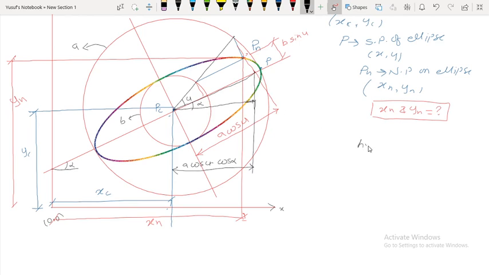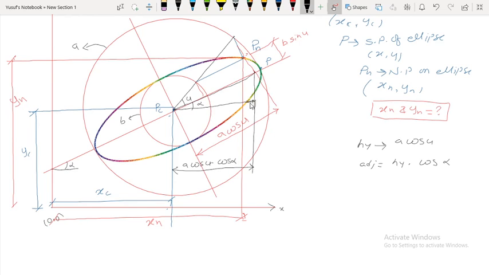The adjacent length will be equal to the hypotenuse into cos of angle alpha. The hypotenuse is A cos u, so A cos u cos alpha is this length.